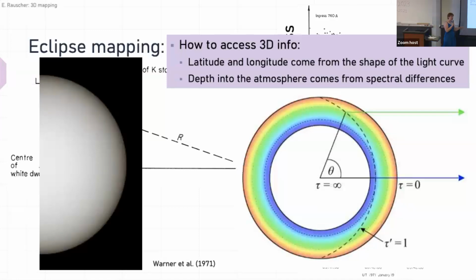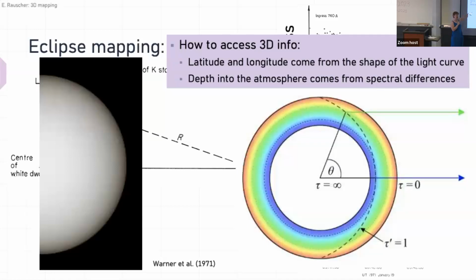If you don't know what limb darkening is, I'm sorry, I'm going to skip it because it's not actually a perfect analogy for what's going on with eclipse, with planets, the way that we're doing it. So I don't want to linger too much, but just to say that the dimension that we're measuring, the spatial change in brightness, comes from the shape of that light curve.